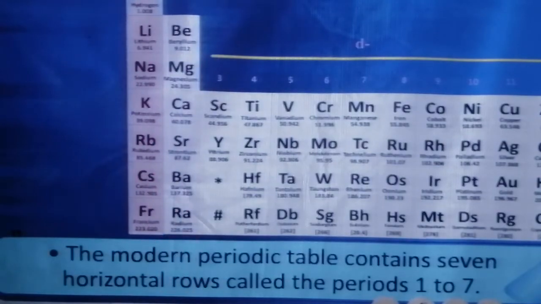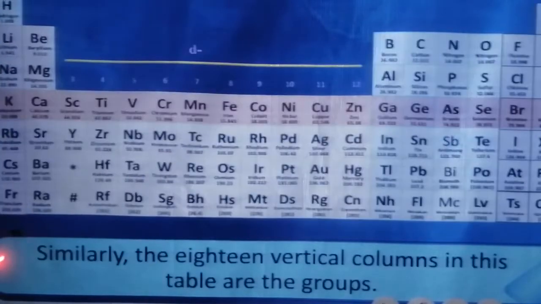Similarly, the 18 vertical columns in this table are the groups. H and He form a vertical line, and H to Fr is a horizontal line.